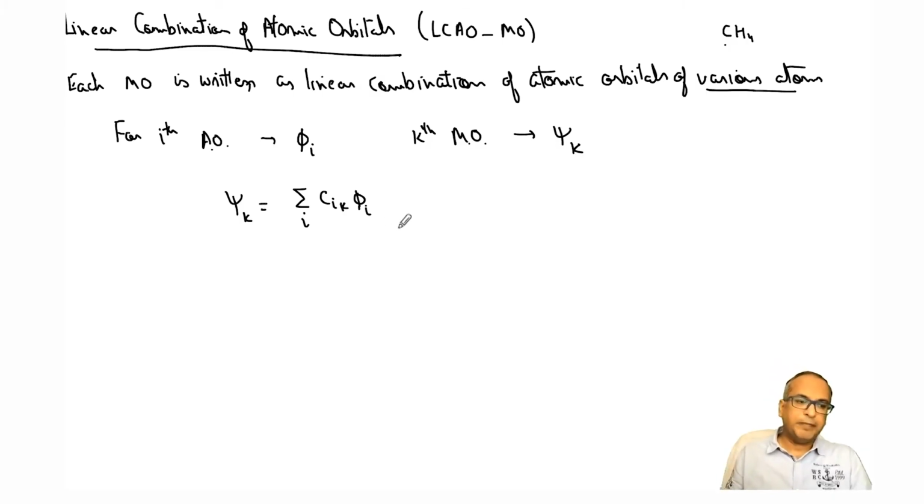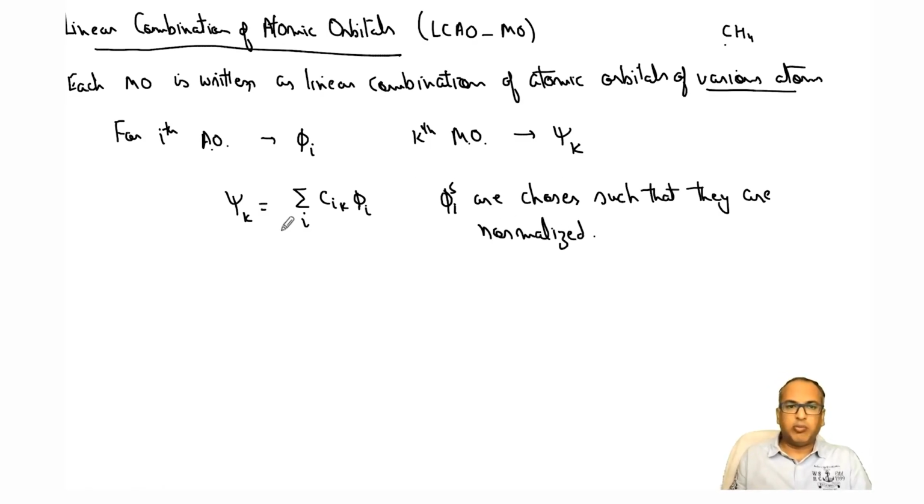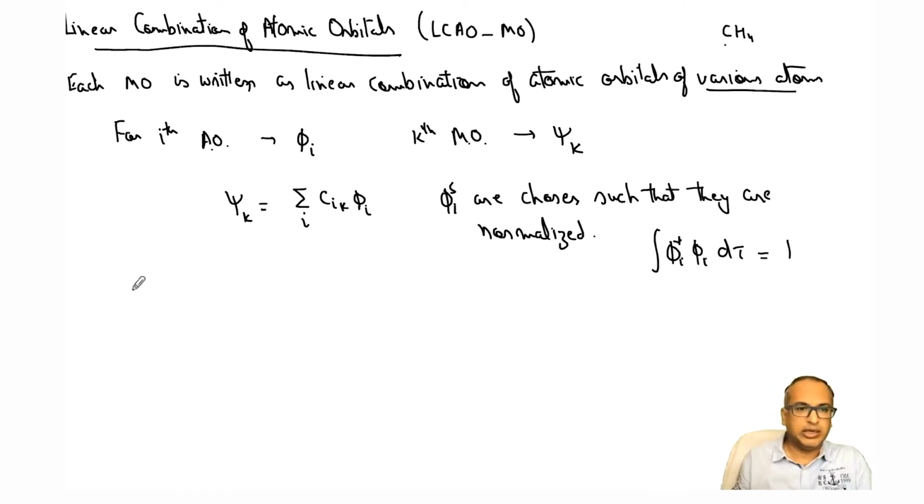Also, the phi i's are so chosen that they are all normalized. Otherwise, we will have to normalize them when we solve it. That means the integration of phi i star phi i over space d tau should be equal to 1. This is the normalization condition, right?